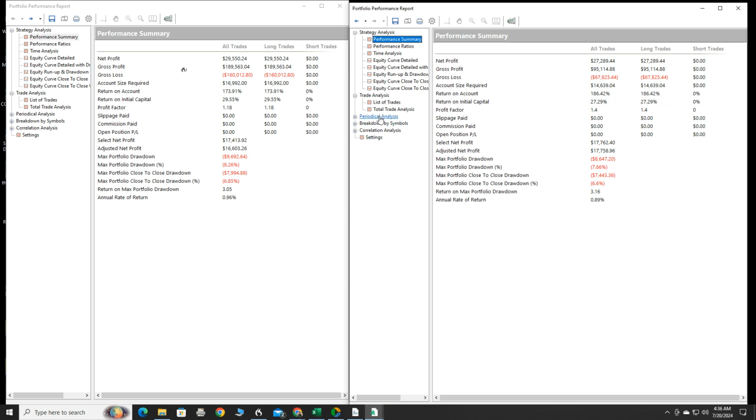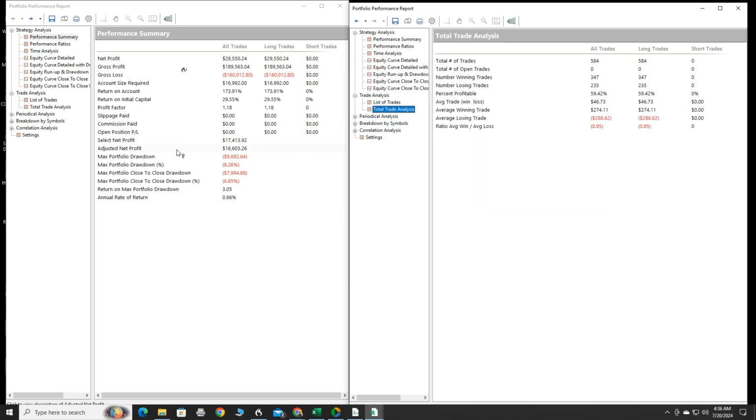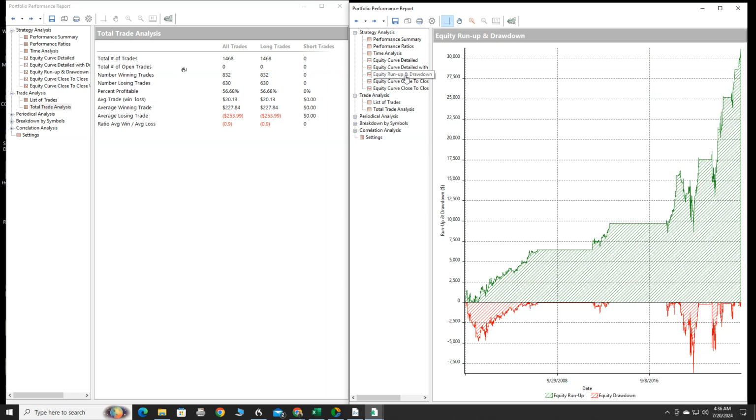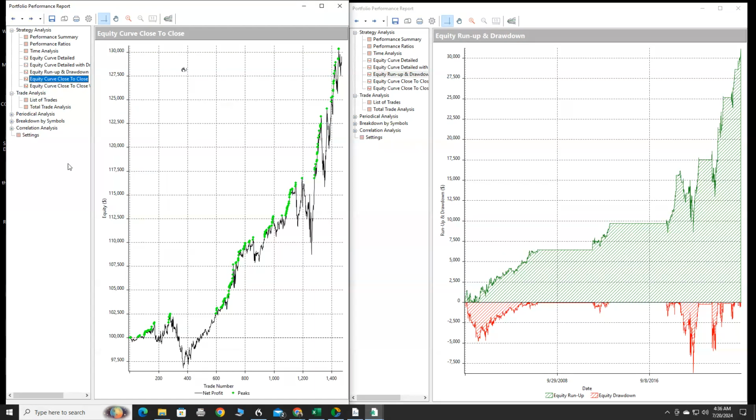And also keep in mind that substantially less trades would explain the slightly smaller profit, okay? And we had 1,400 plus trades here. We had 584 trades here. So half the trades, but produced virtually the same amount of money.